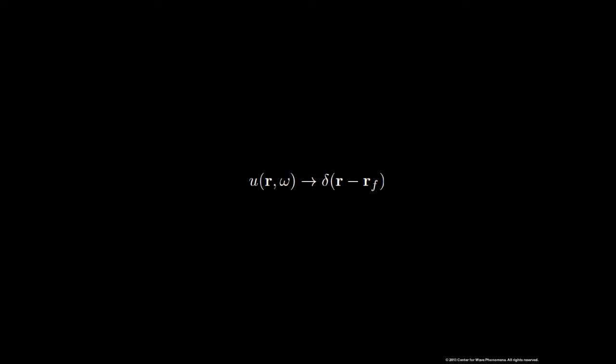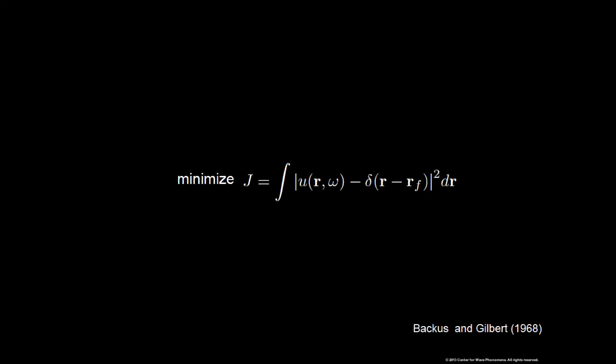To achieve this, I define an objective function with this form. The integration here is over the entire model space, and I want to minimize this. This objective function was first introduced by Backus and Gilbert in 1968 in their paper where they studied the resolution properties of inverse problems.